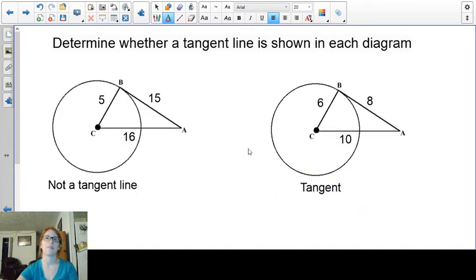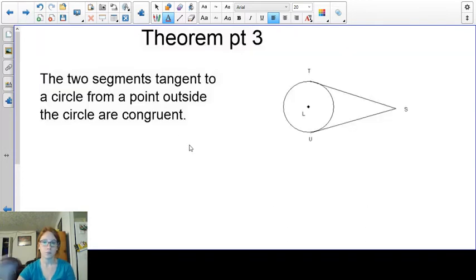So we should get that the first one is not tangent and the second one is tangent. All right.